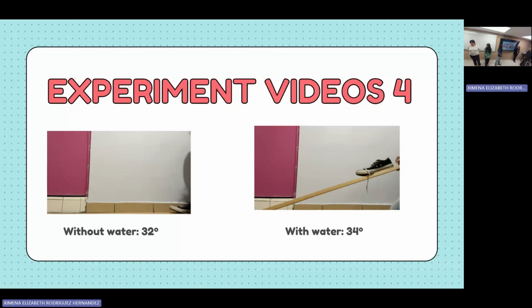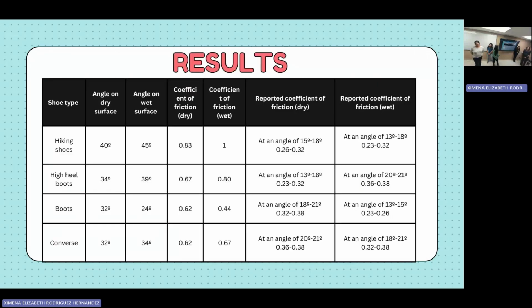The results. In the classification of hiking shoes, the angle on the dry surface was 40 degrees, and on the wet surface was 45 degrees. The coefficient of friction was 0.83 on a dry surface, and on a wet surface it was 1.